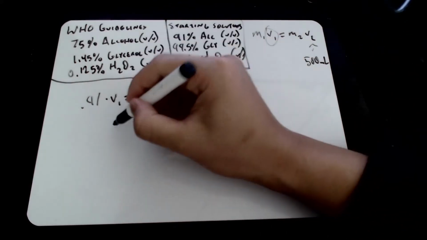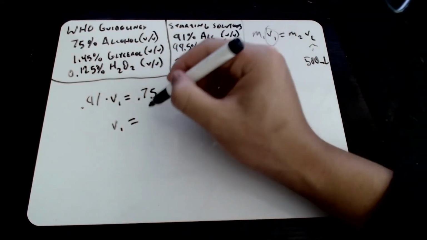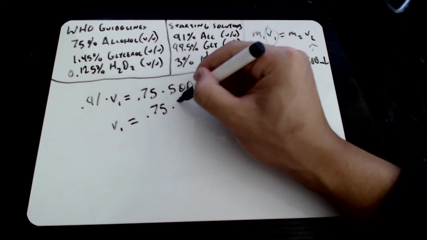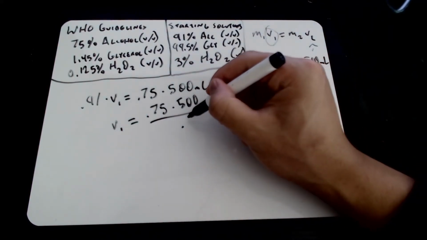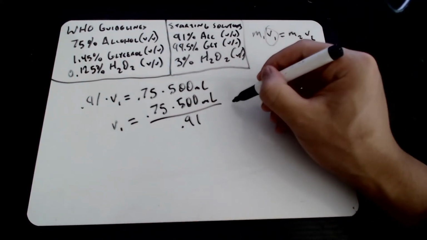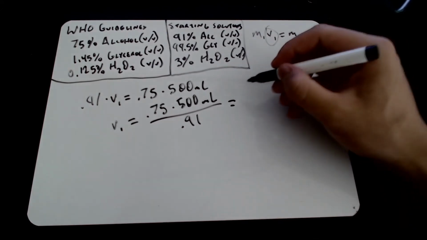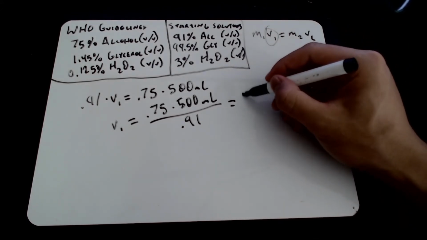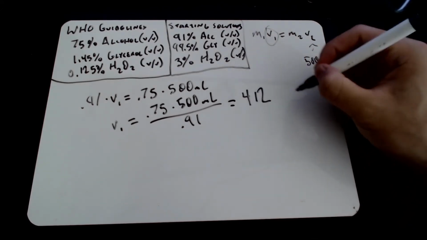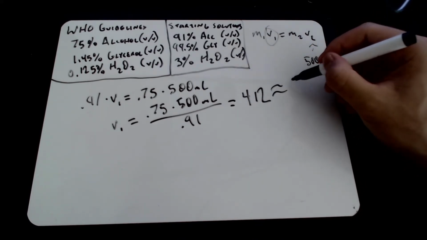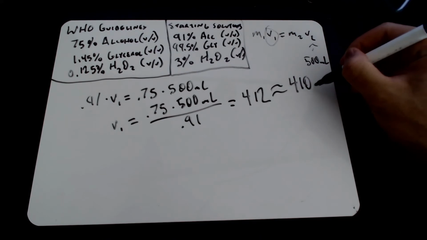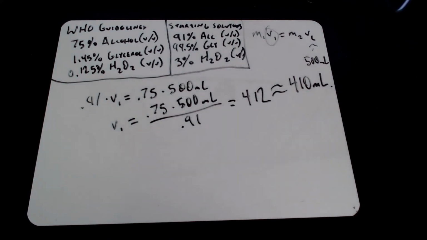So to get V1, we'll just solve 0.75 times 500 milliliters over 0.91, and this should equal 412, but there are only two significant figures, so say 410 milliliters. And you'll just repeat that for all of the reagents.